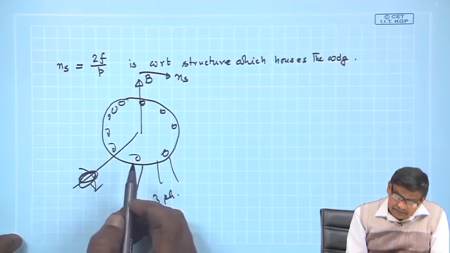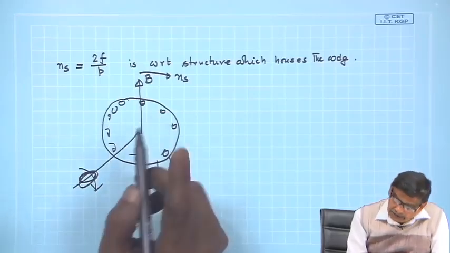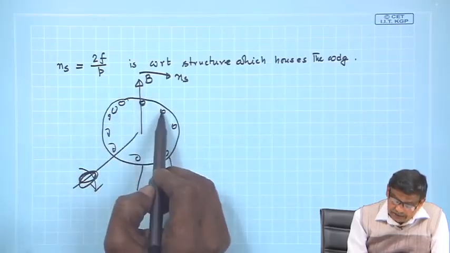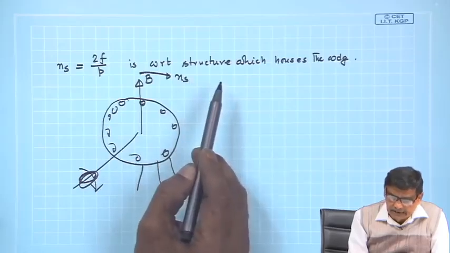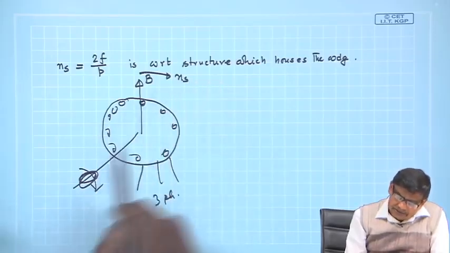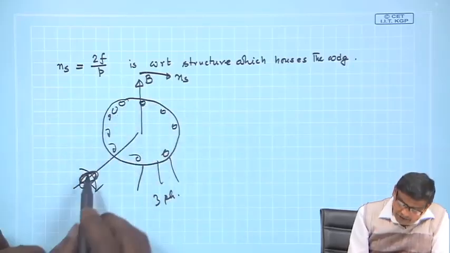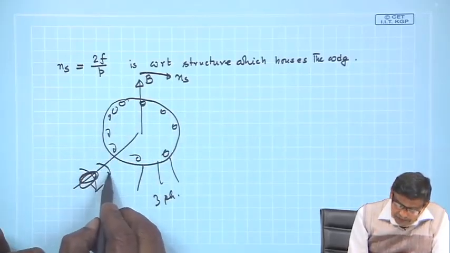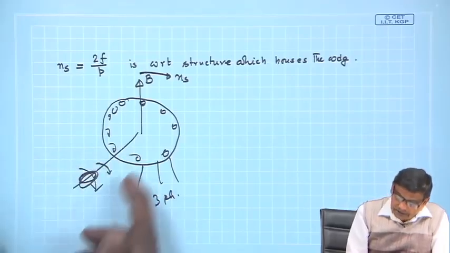Meaning is that if somebody is sitting on the rotor, he will conclude that on this structure with respect to him it is Ns. But you note down that on this rotor I now impose another velocity, by mechanical means I am also turning the rotor.